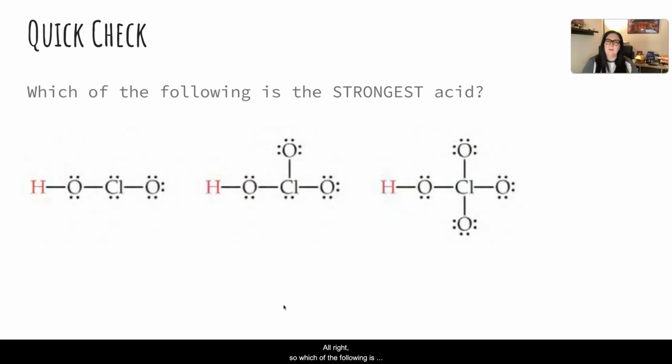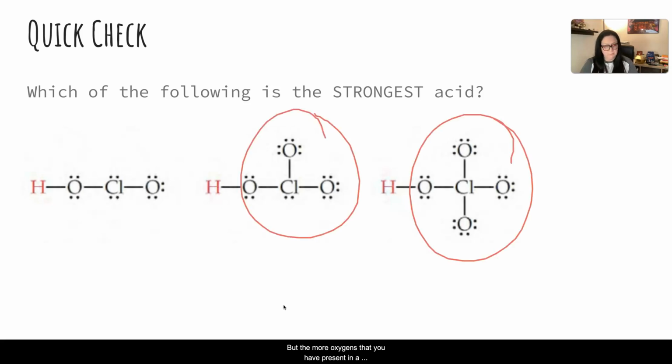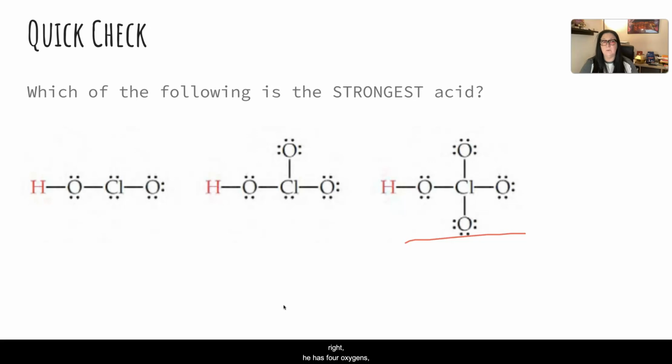All right, so which of the following is the strongest acid? Well, hopefully you know one of these is a for sure strong acid because you know your strong acids list. But the more oxygens that you have present in a molecule, the more stable your molecule. Okay, so this guy over here on the right, he has 4 oxygens.